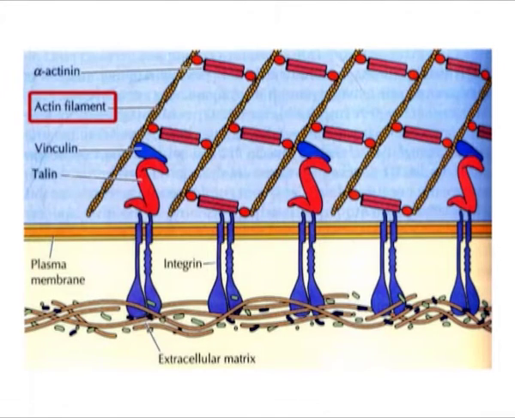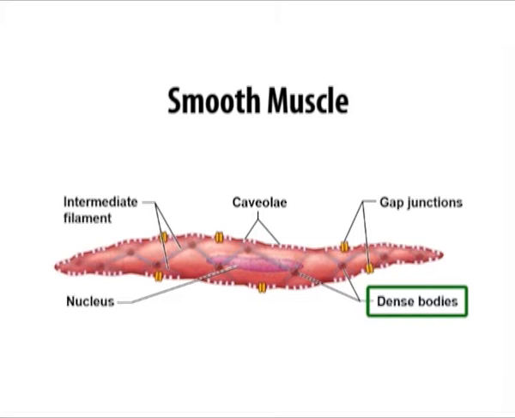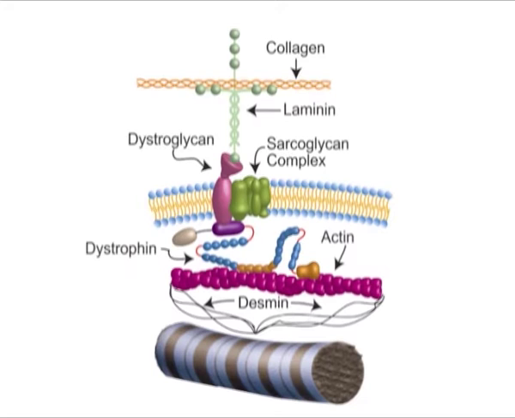The actin filaments of contractile units are attached to dense bodies rich in alpha-actinin. These dense bodies also attach intermediate filaments and serve as anchors, from which the thin filaments can exert force. The intermediate filaments consist of vimentin and desmin.